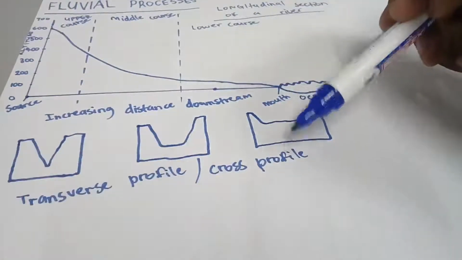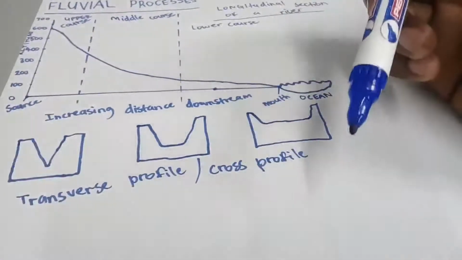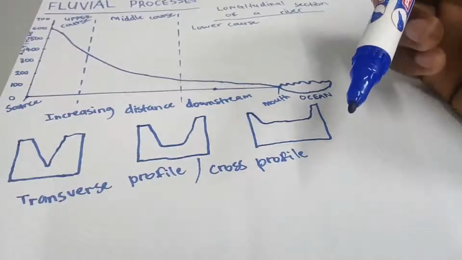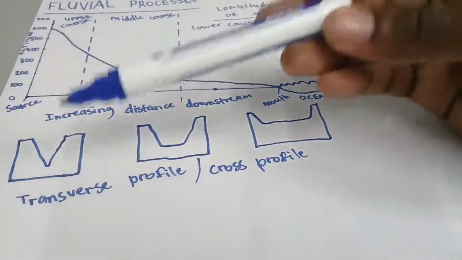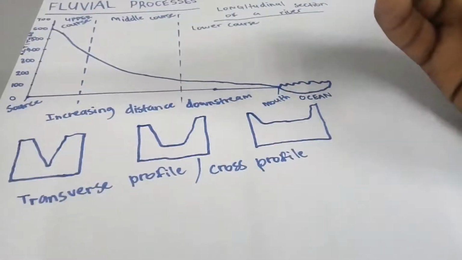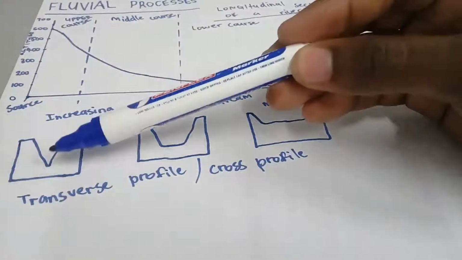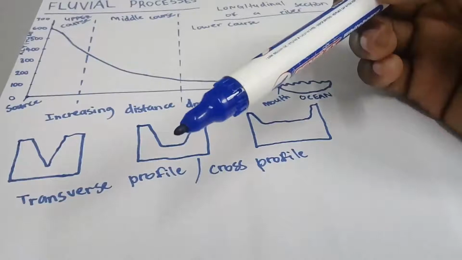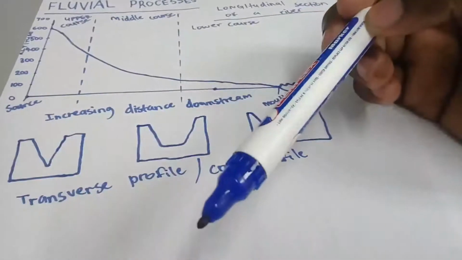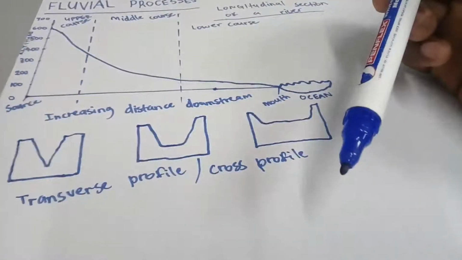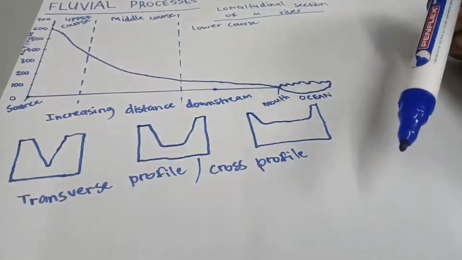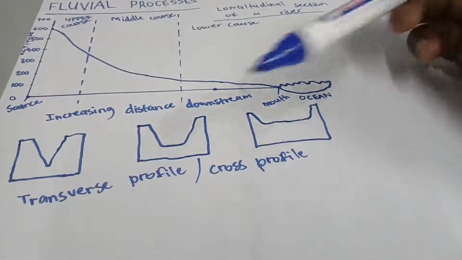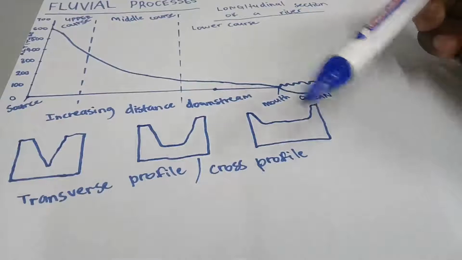This is the lower course. A transverse profile is where we show the front of a river in the upper course, the middle course and the lower course, in terms of their wideness and narrowness.